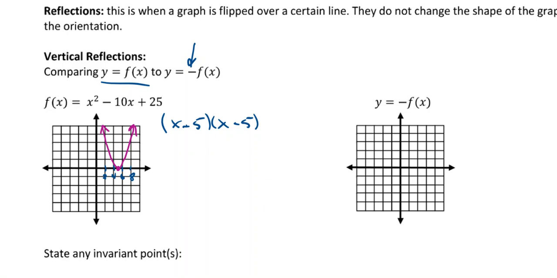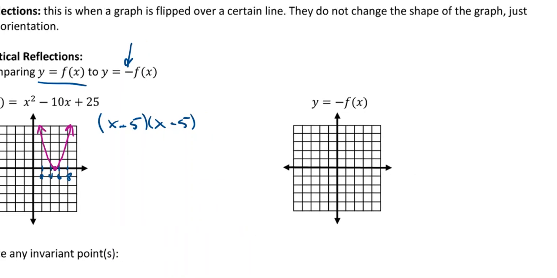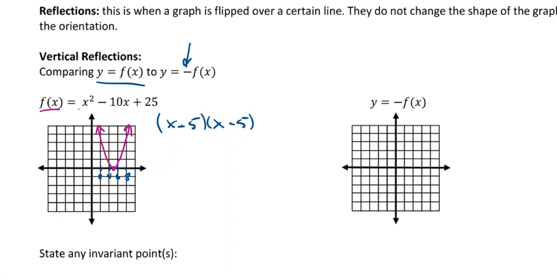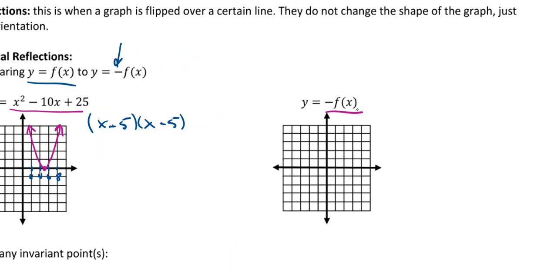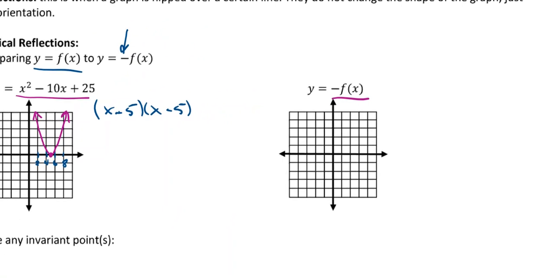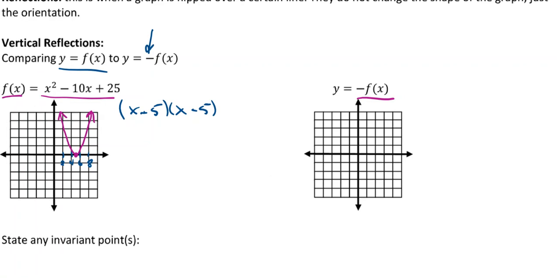Okay, now if we just took that same function, f of x is this whole function. If I say, okay, what is y equals negative f of x? That's the negative of that function. Anyone want to guess at what would happen there? It's going to flip upside down, right? So in the same point here, it's going to flip down.